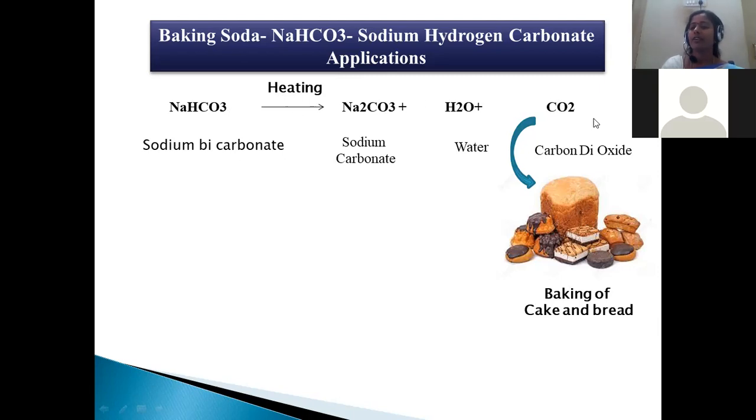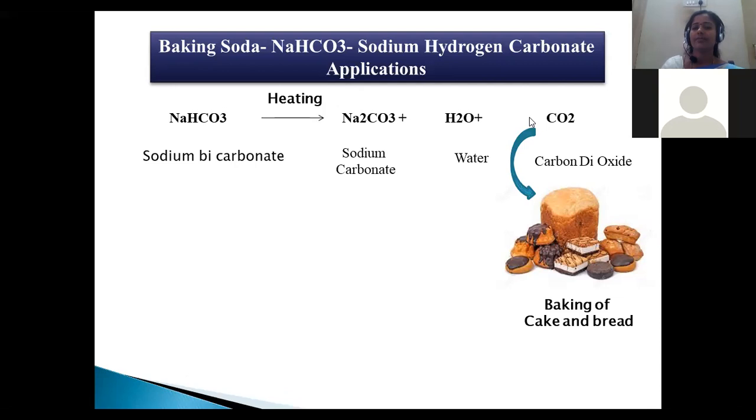In this reaction, we find two applications. One is the industrial synthesis of sodium carbonate, which is an important component required in our day-to-day life. For that purpose, we apply sodium bicarbonate, or baking soda, as the starting material.